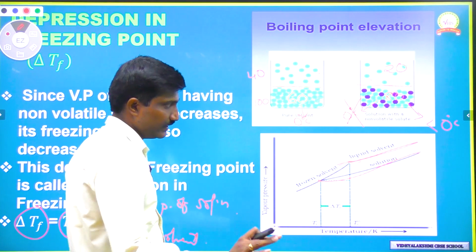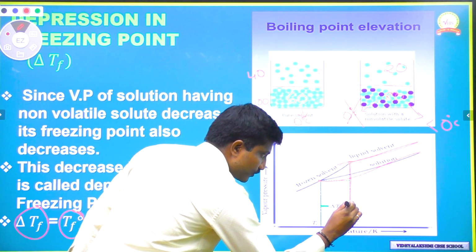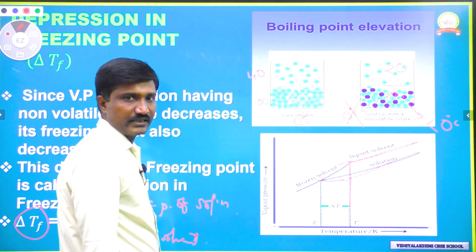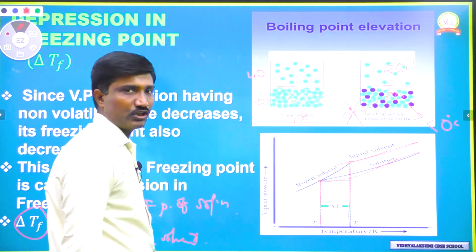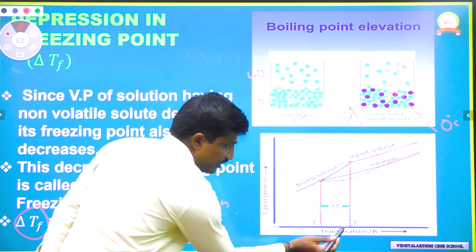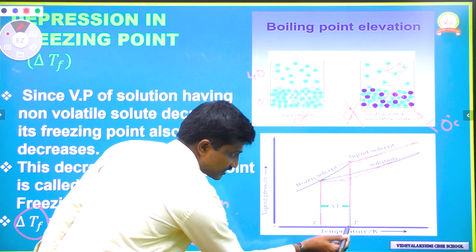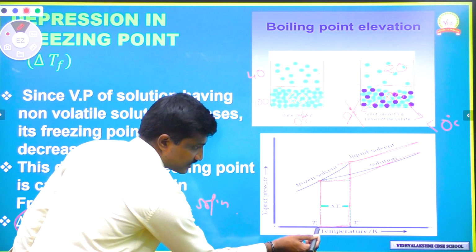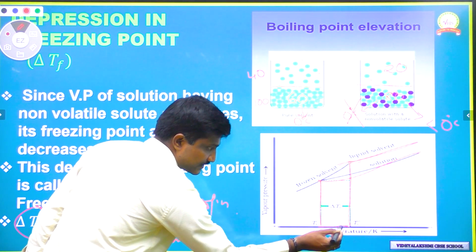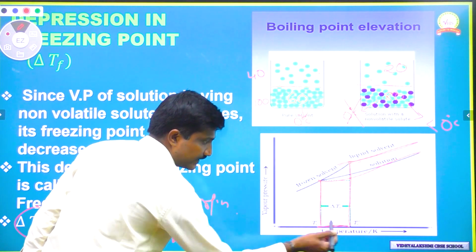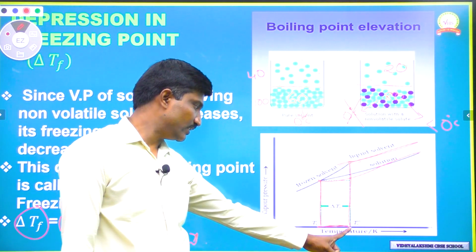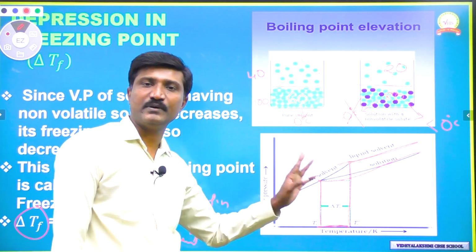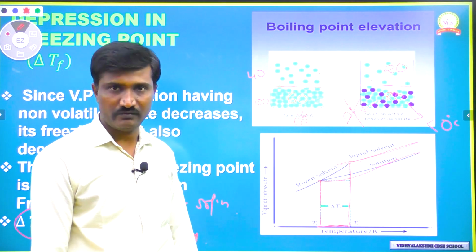This is the freezing point of pure solvent, T naught F, and this is the freezing point of solution. When we go from the freezing point of pure solvent to the freezing point of solution, does the temperature value decrease or increase? Decreases. That means the freezing point of the solution decreases compared to pure solvent.